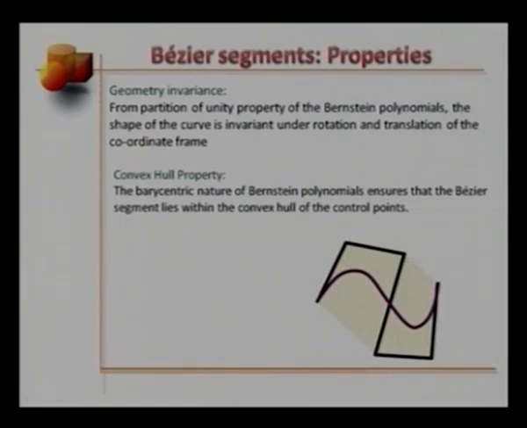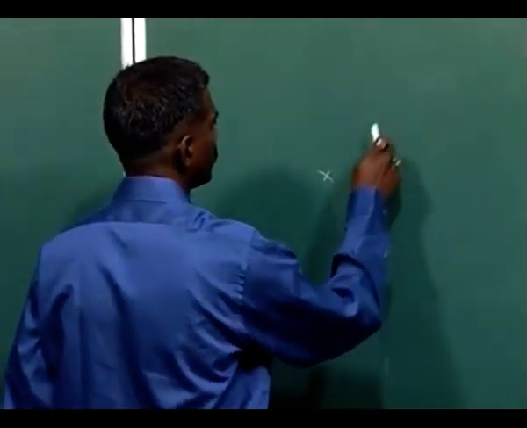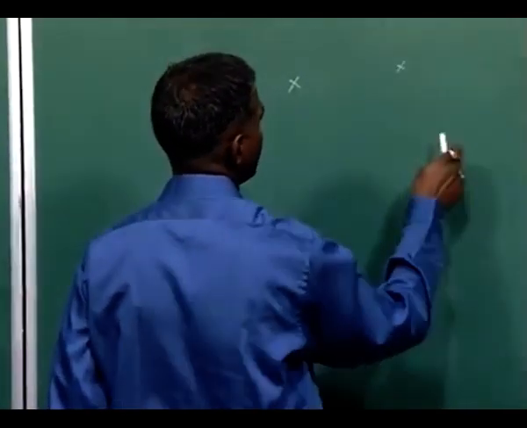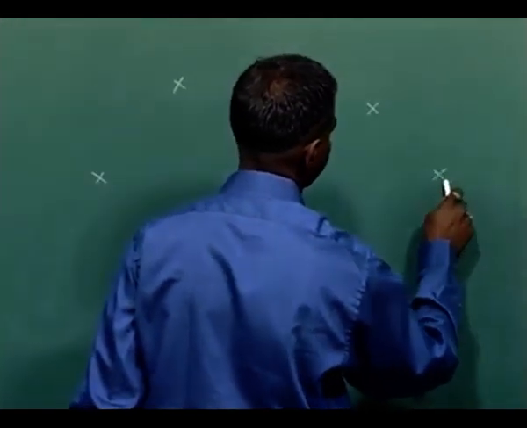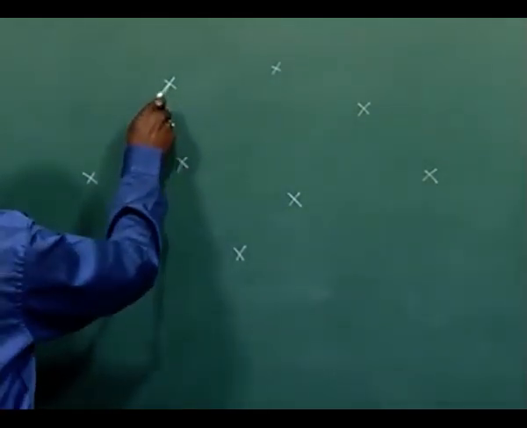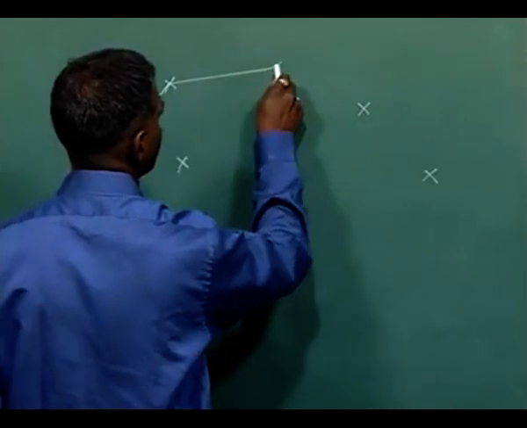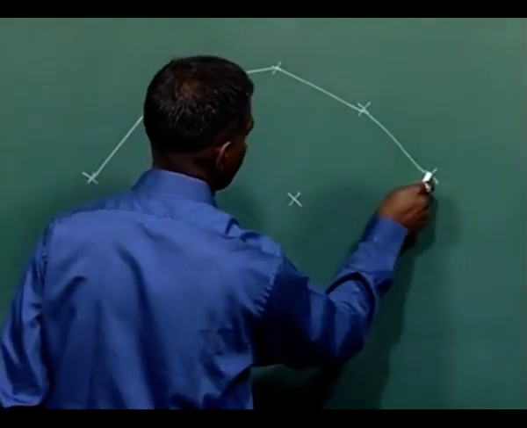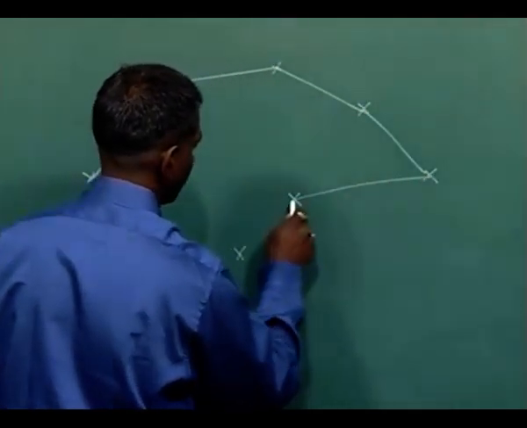Let me explain how to draw the convex hull for a given set of data points. I start with first specifying the design points. Let's say this is my control polyline.